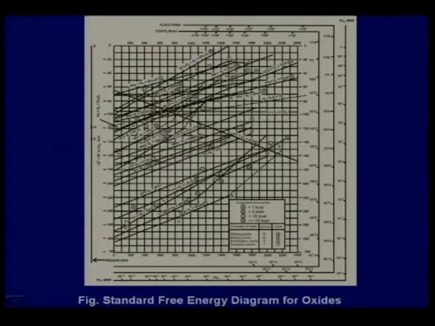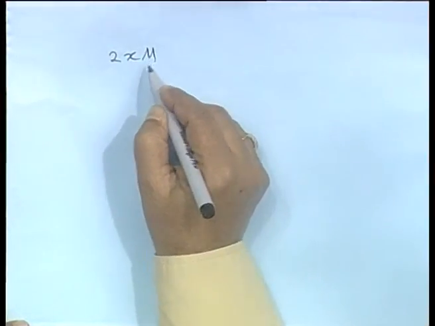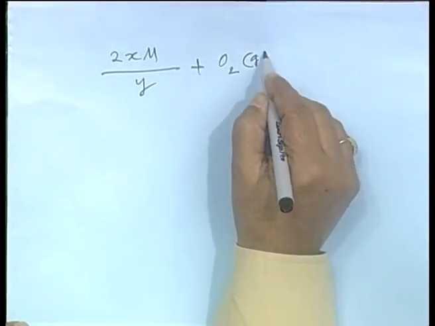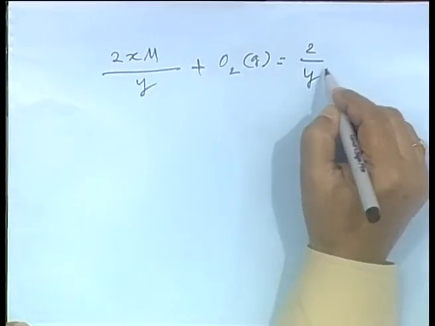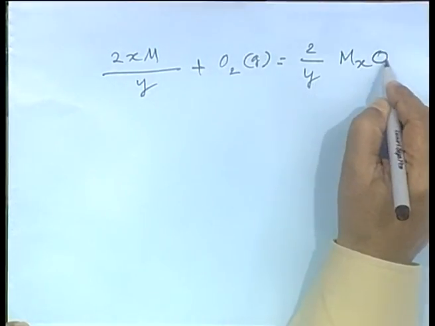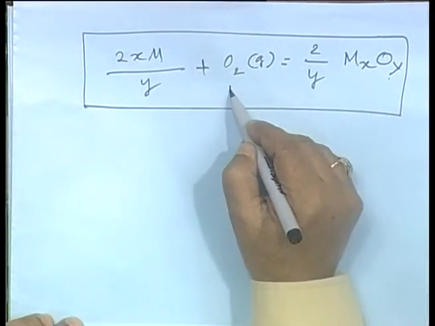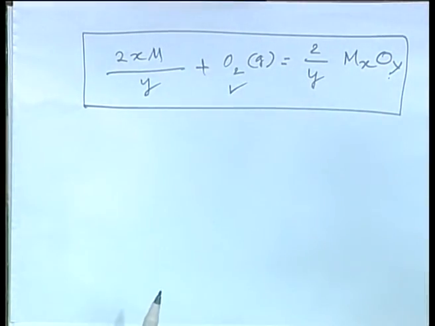So, the reaction in general for these lines can be written as 2x/y M plus O2 gives 2/y MxOy. All these lines are written in terms of one oxygen molecule.